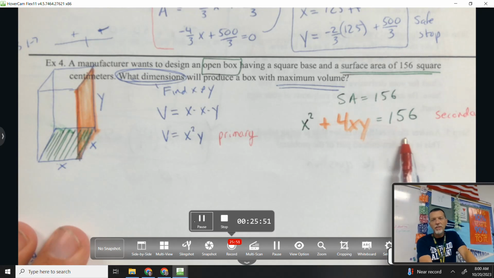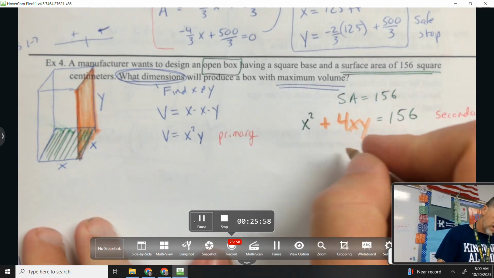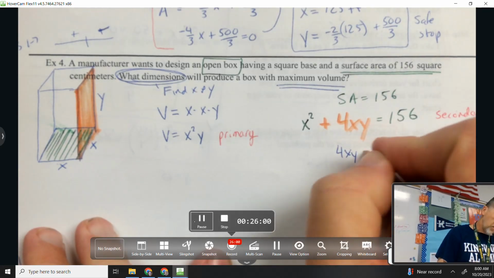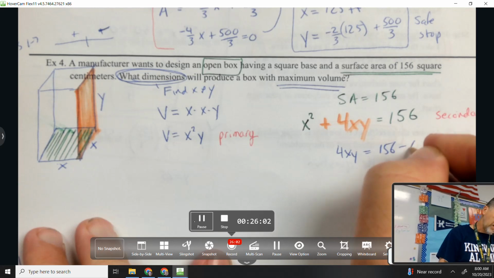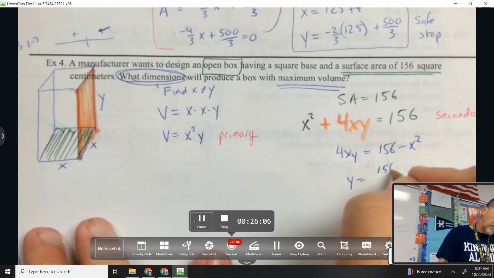Definitely for y, because there's an x squared in there, so that would be terrible. So let's solve that for y. So 4xy equals 156 minus x squared. So y equals 156 minus x squared over 4x.